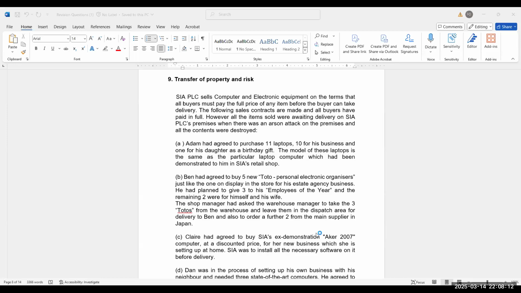So the shop manager here has asked the warehouse man to take 3 personal organizers from the warehouse and leave them in the dispatch area for delivery to Ben, and also ordered a further 2 from the main source supplier in Japan.